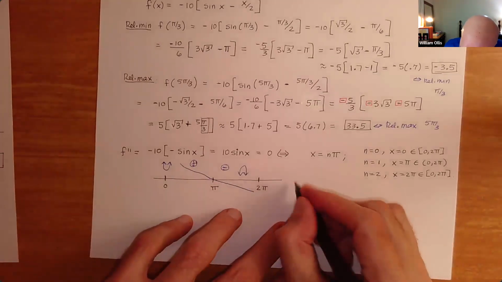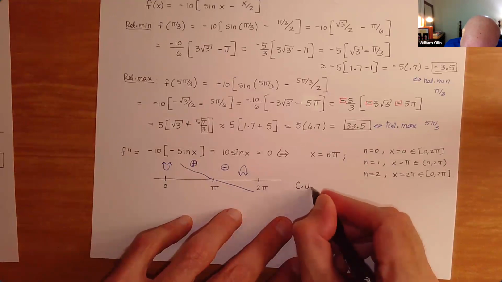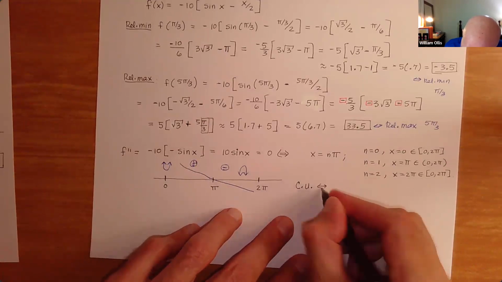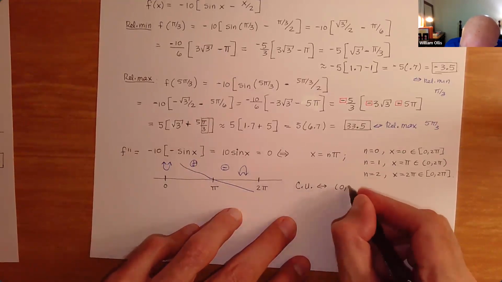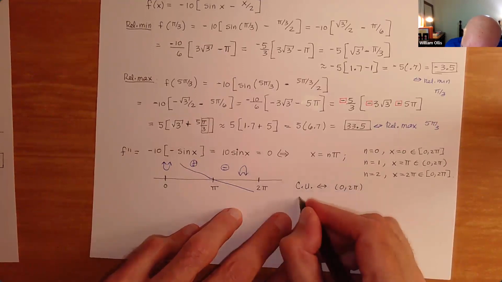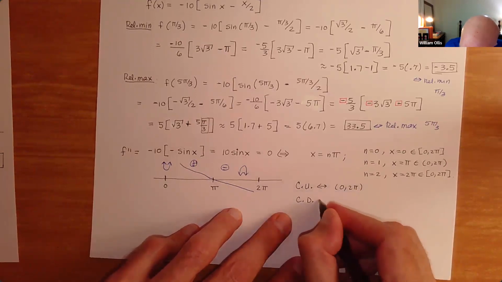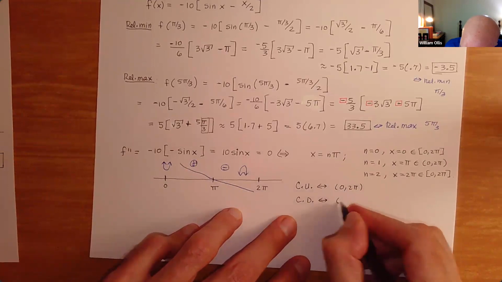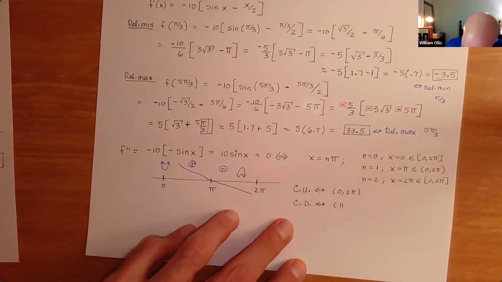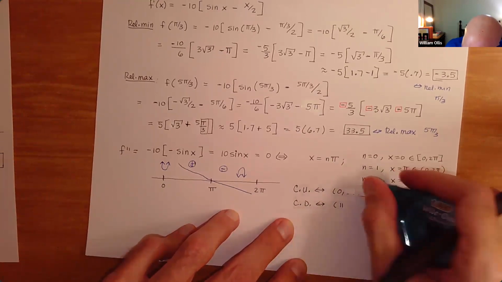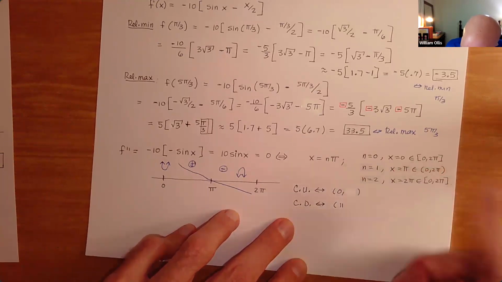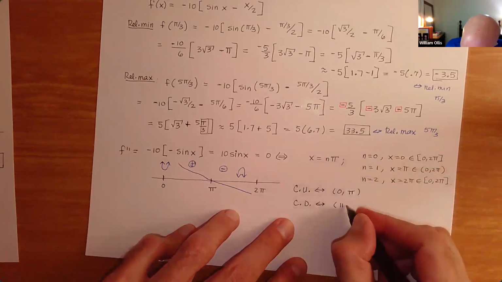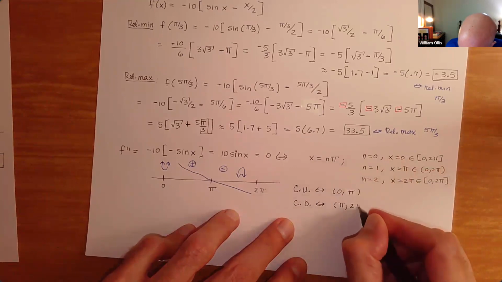Now concave upward, open set 0 to pi, and we have concave downward, open set pi to 2 pi.